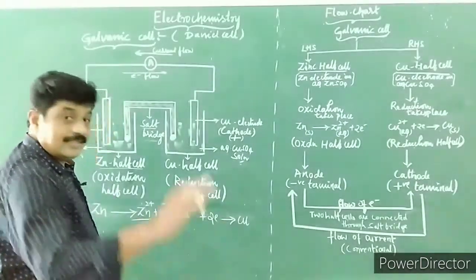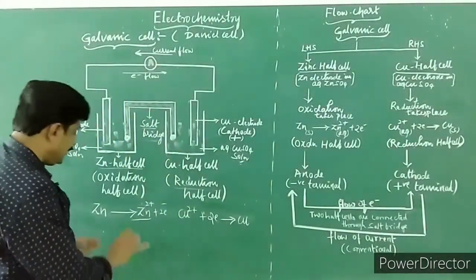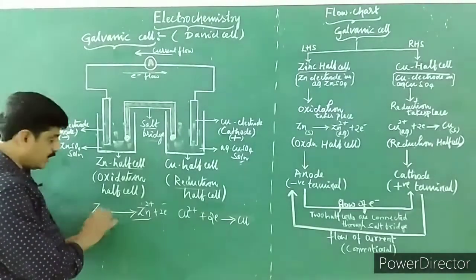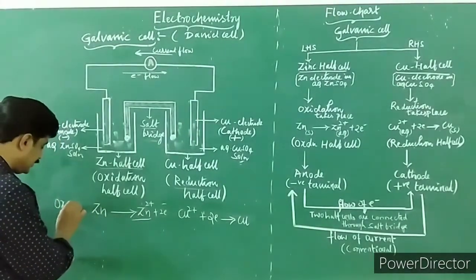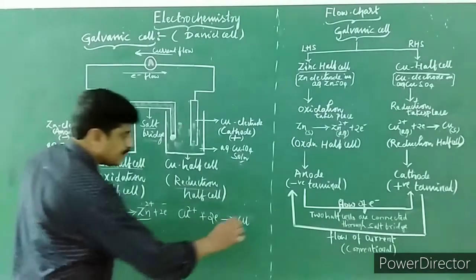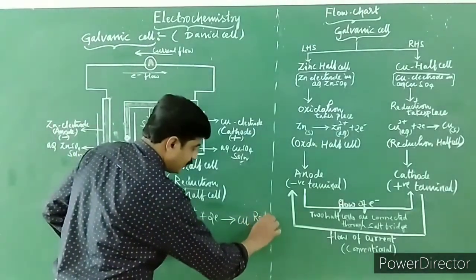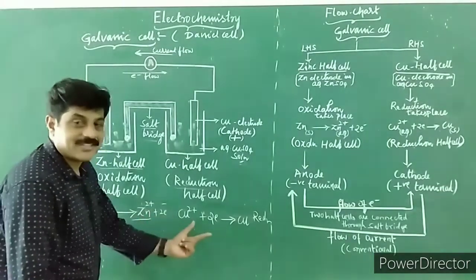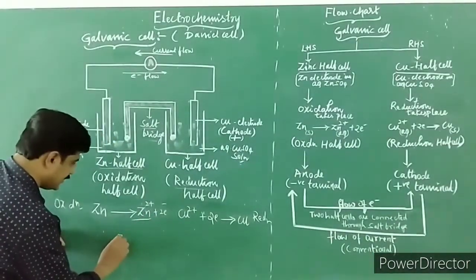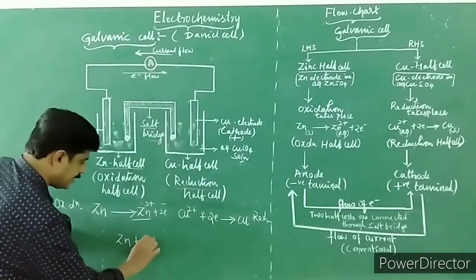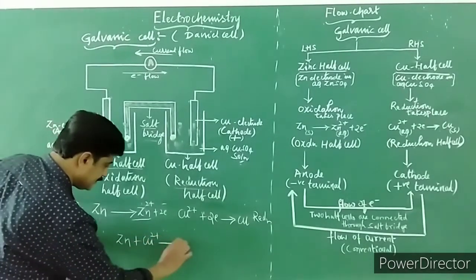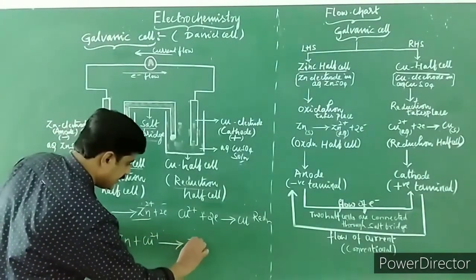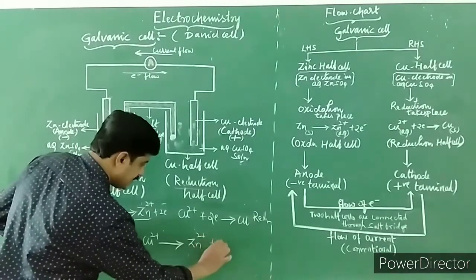Children, look at here. Now this is oxidation, this is reduction, is it not? Now I'm going to club both the reactions. In that case, Zn plus Cu2+, you are going to get Zn2+ plus Cu.